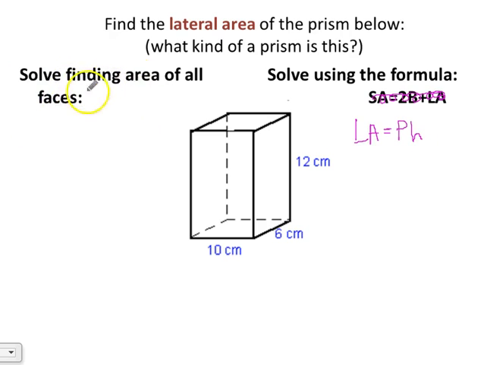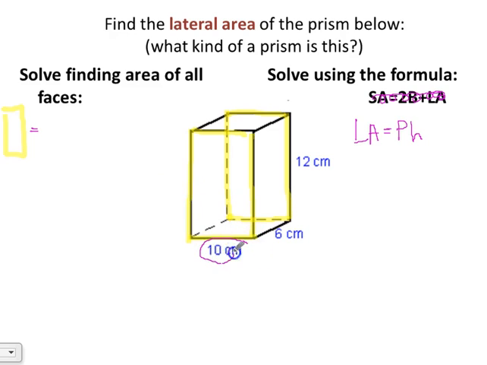So let's use the first method where we're going to find the area of all of our faces. So we know that we've got this face here, and it mirrors this face in the back. So these two will have the same dimensions. So to find the area of a rectangle, we're going to take base times the height.